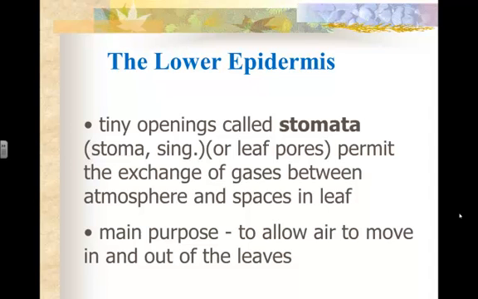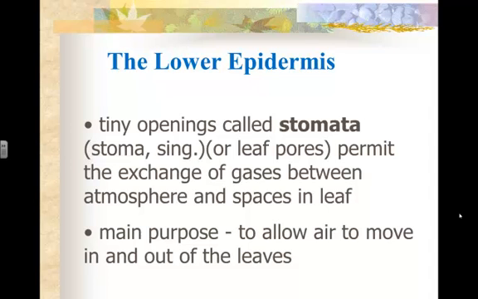The lower epidermis will usually have several, and it depends on what type of leaf, as you'll see in a minute, little tiny openings. Those little tiny openings are called a stoma singular or stomata plural. They're leaf pores, leaf holes.